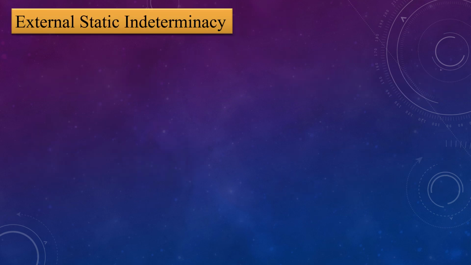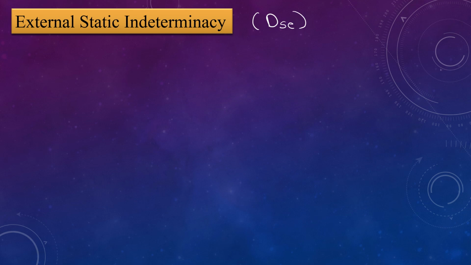Then next is external static indeterminacy. So this is the part of static indeterminacy. One part is external static indeterminacy and second part is internal static indeterminacy. In that, first, external static indeterminacy is represented like this, DSE.